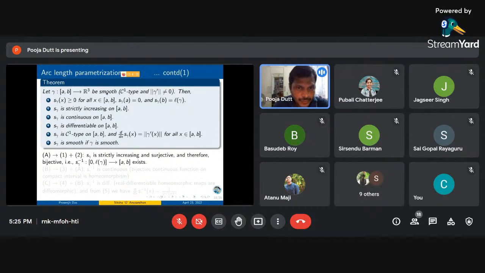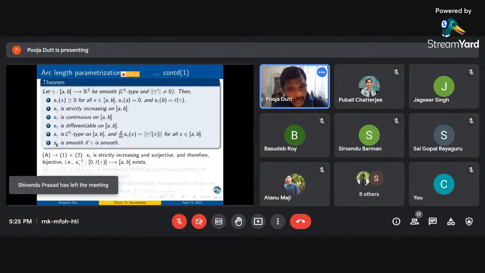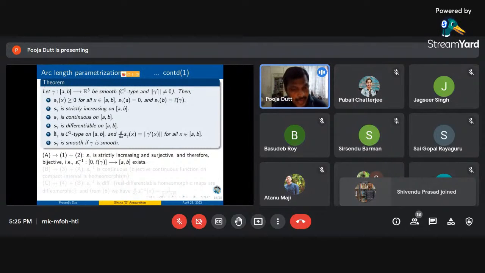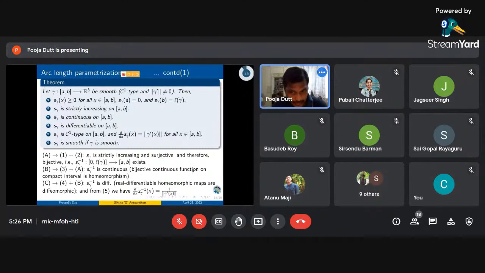If gamma is a smooth function, C1 type, and the tangent is non-zero, then S gamma is a strictly increasing, continuous, differentiable C1 function, and S gamma is smooth if gamma is smooth. And hence it can be seen that S gamma inverse also satisfies all the properties. Not only is it existing, it also satisfies all the properties.